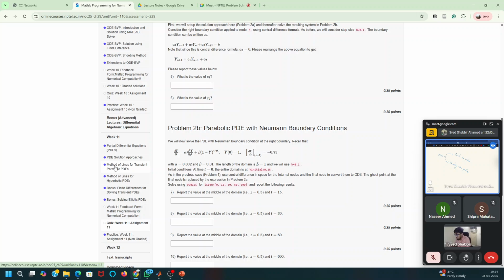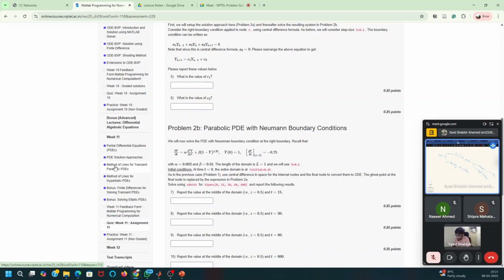In initial value problems, we can use explicit and implicit methods. In explicit methods there are RK4, RK5, all these kinds of different methods, and in implicit methods also there are different methods.